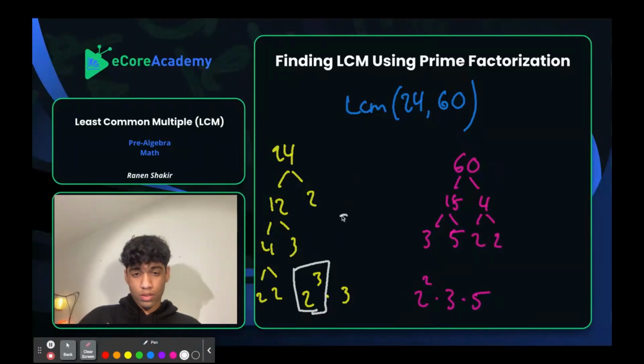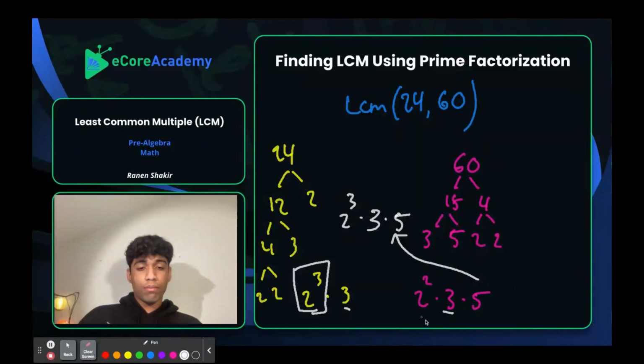So we're going to have 2 cubed, and then we're going to take everything else that they're sharing. So we have a 3 and a 3. If both have a 3, we make that into 1 3, and then they have a 5, and they multiply that by 5. Since 60 only has a 5, it automatically goes into the equation. If they both have the same number, they go into the equation as one of them. So you won't have 9 here. You just have 1 3.